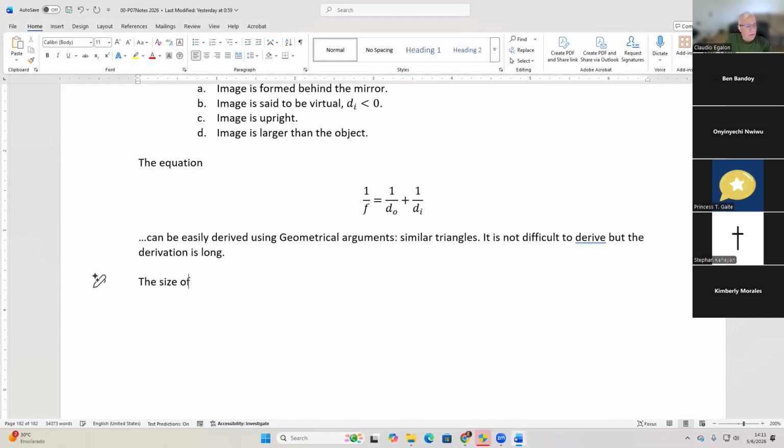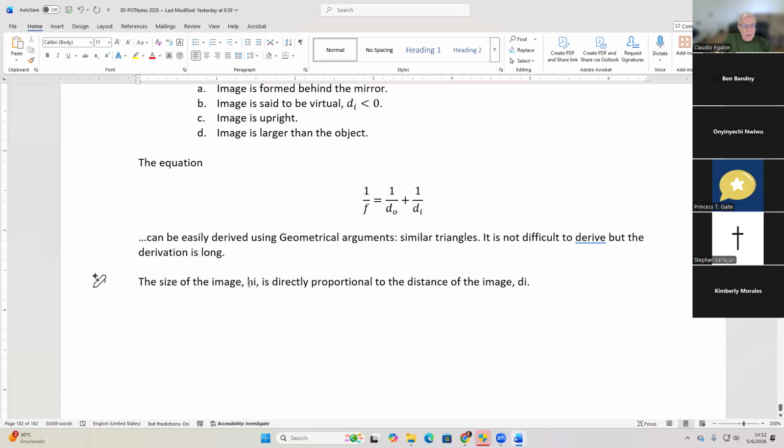The size of the image, which we call H_i, is directly proportional to the distance of the image, D_i.